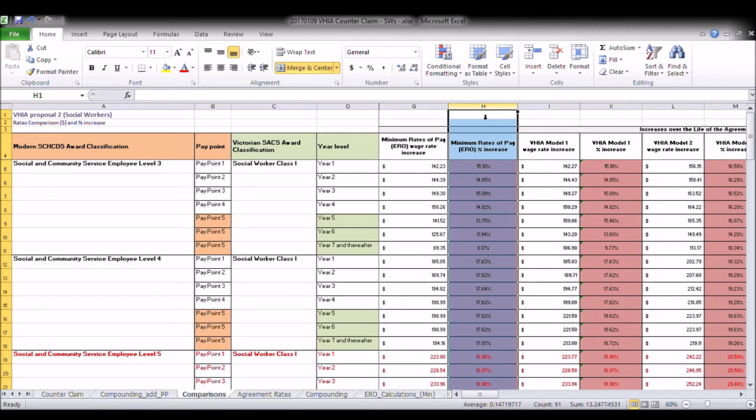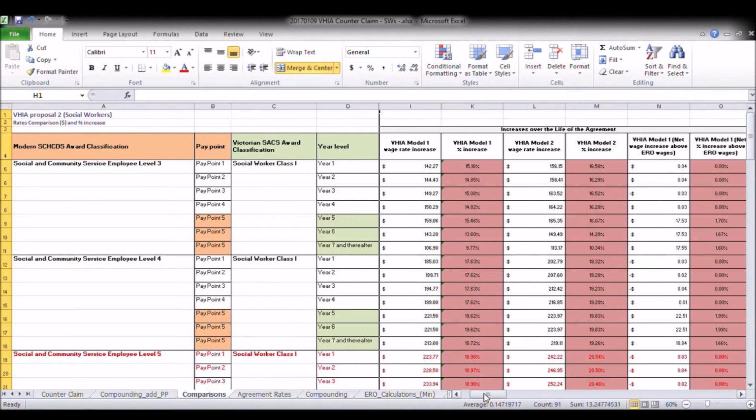Column H shows what is proposed or projected for the minimum wage rates based on an increase of 2.5% in July 2017 and 2018. Then what we've got is the percentage increase of the original proposal for wages of proposal 1 for VHIA.